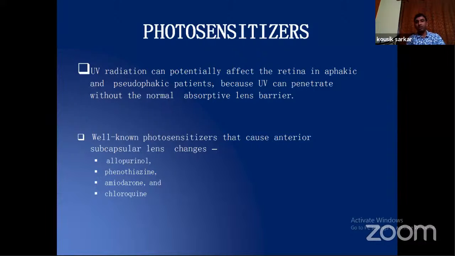UV radiation can potentially affect the innermost layer, the retina, in aphakic and pseudophakic patients because it can penetrate without the normal absorptive lens barrier. Well-known photosensitizers that can cause anterior lenticular subcapsular changes include allopurinol, phenothiazine, amiodarone, and chloroquine.